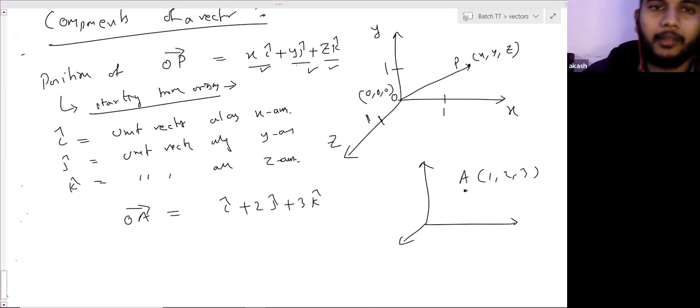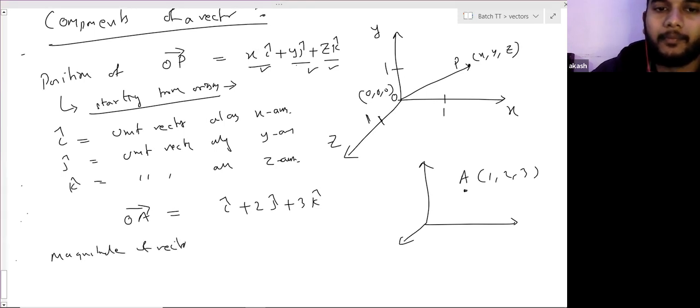All right. Now, next important thing, magnitude of a vector. OA is represented by OA modulus. If you have a vector, then magnitude is written as A mod.